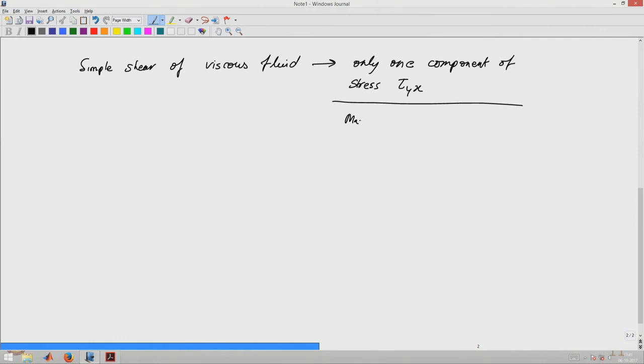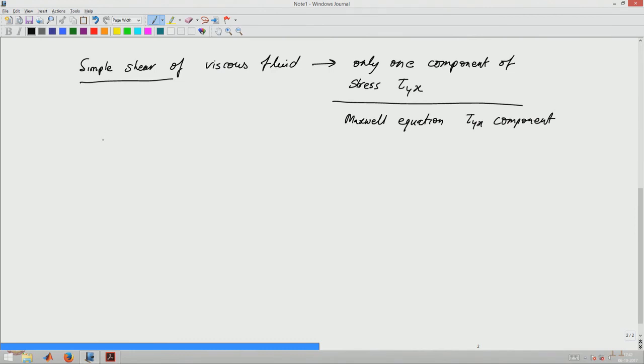Even when we wrote down the Maxwell equation, for instance, we actually wrote it for this tau yx component, because that was the relevant stress as far as simple shear flow is concerned.